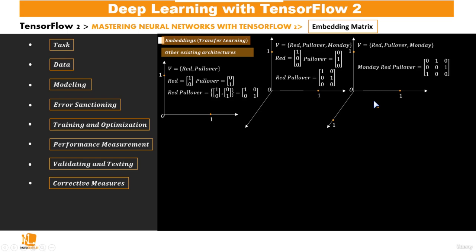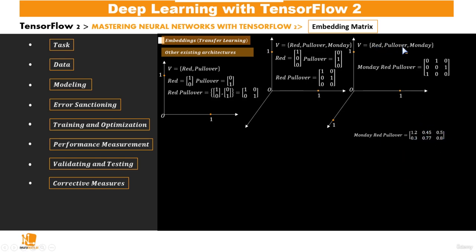And that said, there is this idea of embeddings. Now, what does this mean? This simply means that instead of representing all these words as one hot vectors that we see here, we could represent them as float vectors but in a lower dimension.